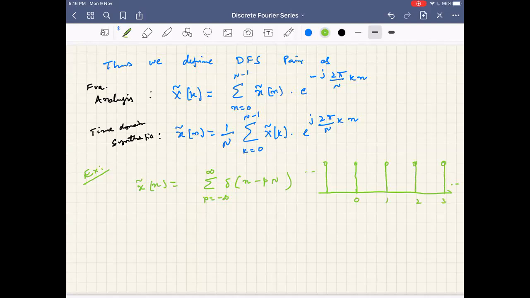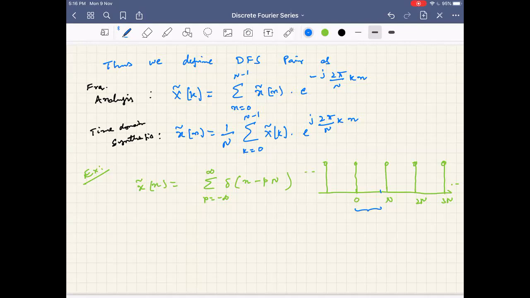In fact it is N, 2N, 3N, and so on, because it's periodic with period N. This is one period of the signal, 0 to N minus 1. This is the signal we have considered, x tilde of n. So it's an impulse train in the time domain.